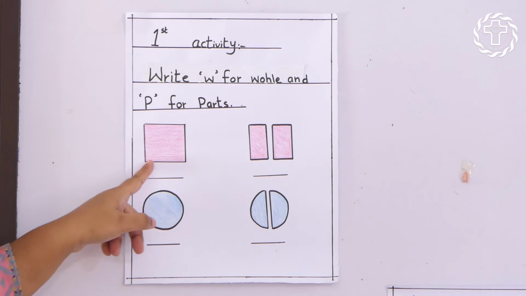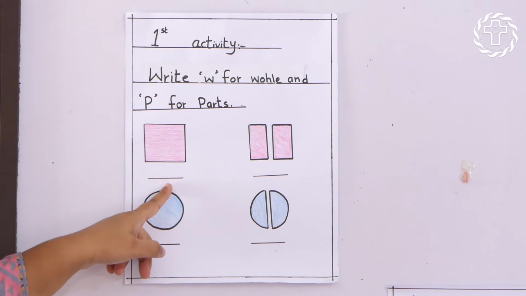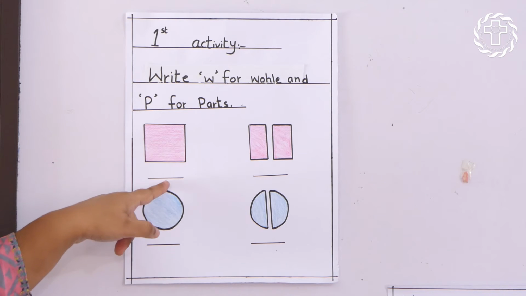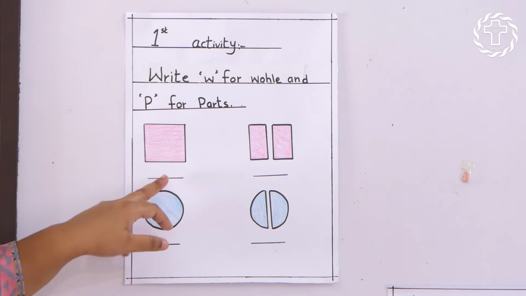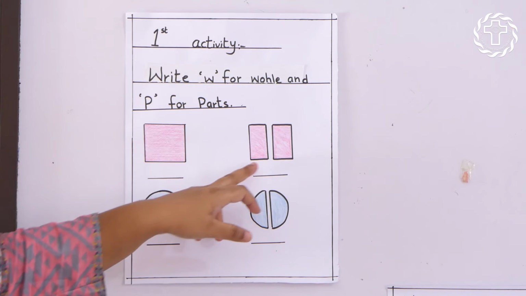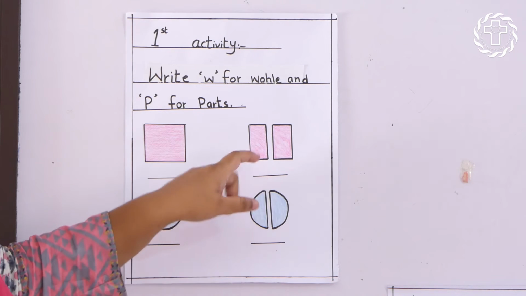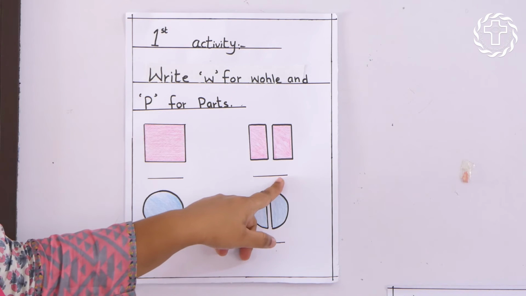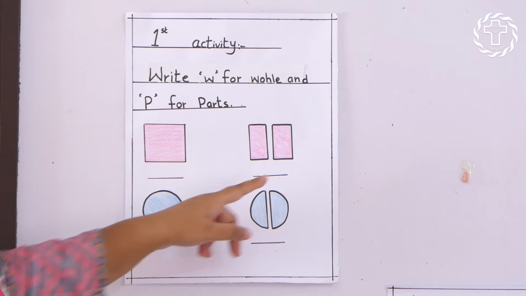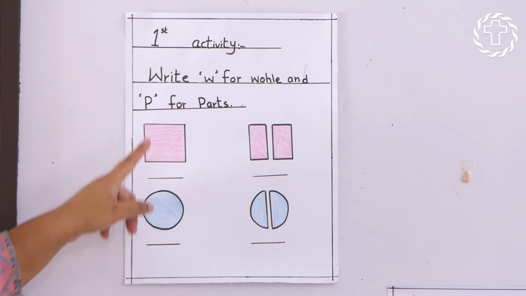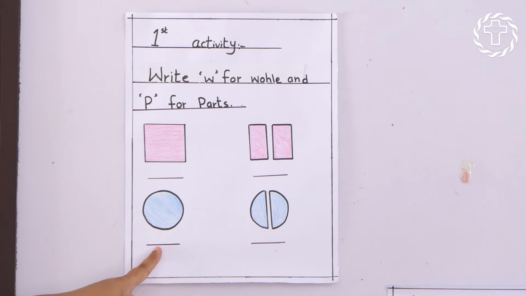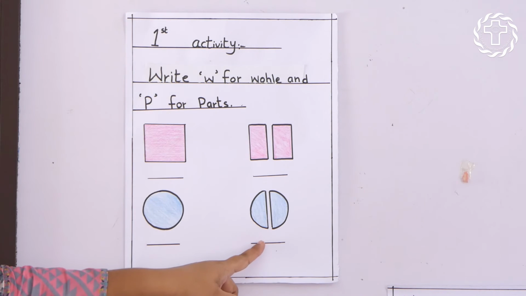In a whole square, you can write W, and on the other hand, you can write P over here. And the second one is, this is a whole circle, and you have to write W, and this is parts.